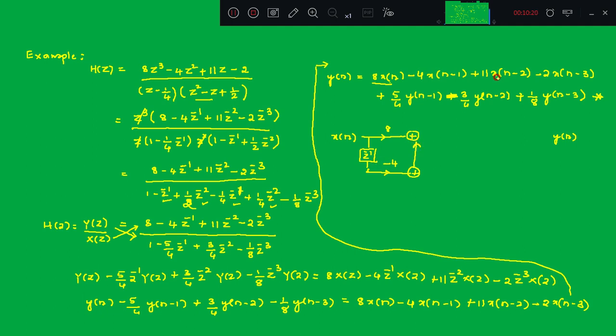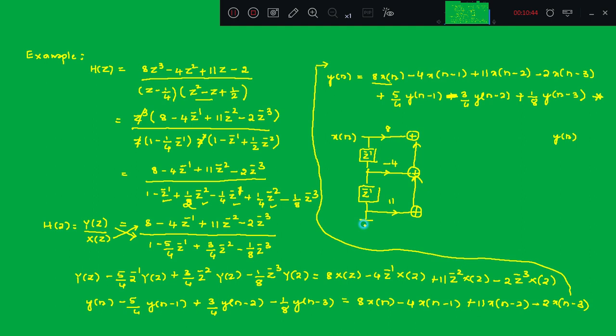Next, x of n minus 2 is there, so I have to consider one more delay element, and this is scaled by plus 11. Again this will add, and last one is x of n minus 3.